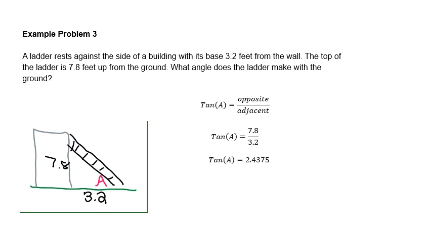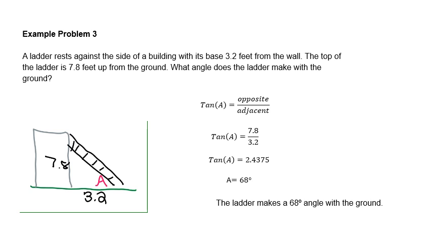So 7.8 divided by 3.2 gives me 2.4375, and then I use that second function or shift button to determine that angle A is 68 degrees, so rounded a tiny bit. So the ladder makes a 68-degree angle with the ground.